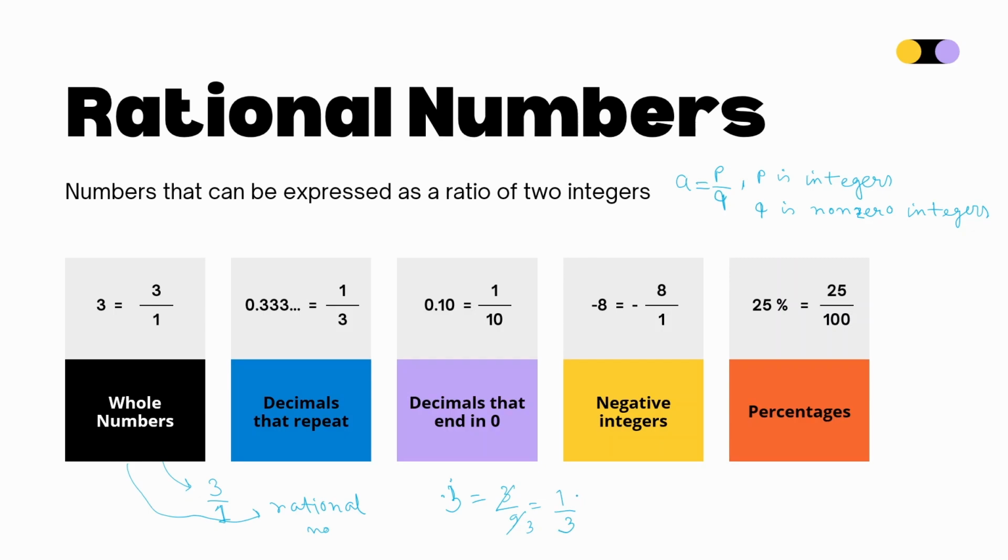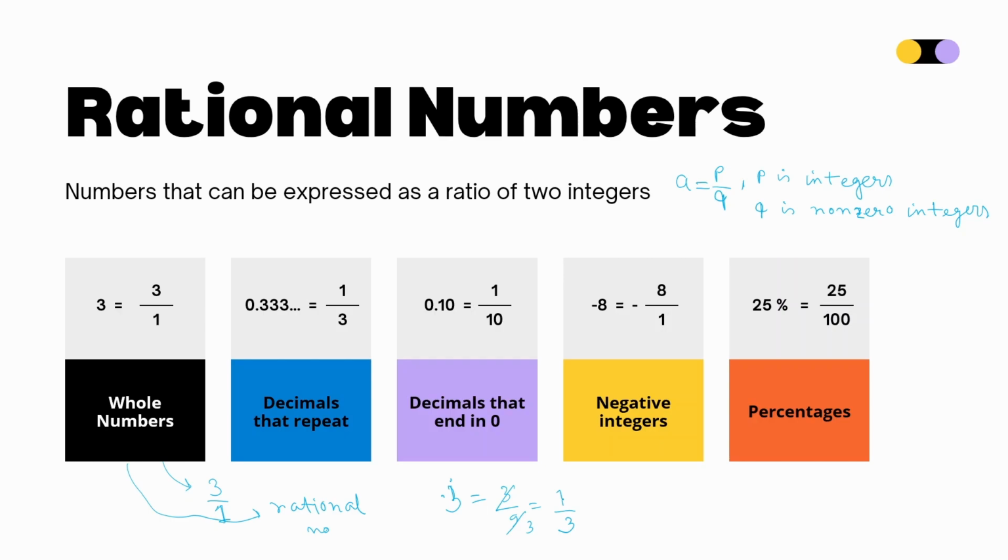So this is also a fraction, which can be expressed as a ratio of two non-zero integers. That's why this is also a rational number. Similarly, 0.10 can be expressed as a ratio of two integers. -8 can also be expressed, and 25% can also be expressed. That's why we can say these are all rational numbers.